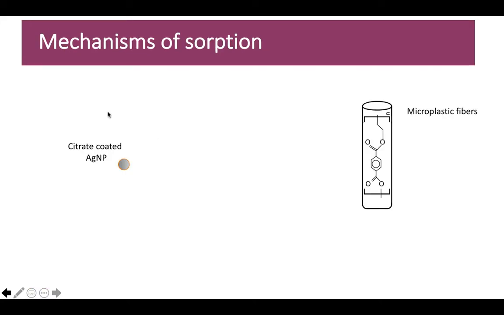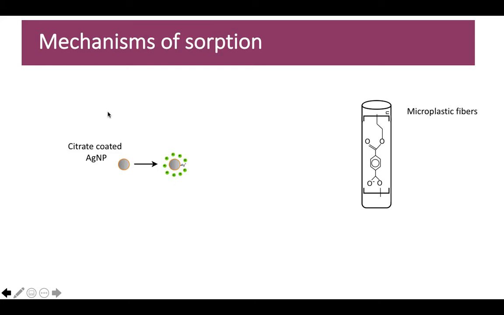To elaborate a little bit more on the mechanism of sorption, we must understand the speciation of both nanoparticles and fibers. Starting with the fibers, the polyester fibers used in the study have carbonyl groups, which are very likely to produce negative species when in contact with water.